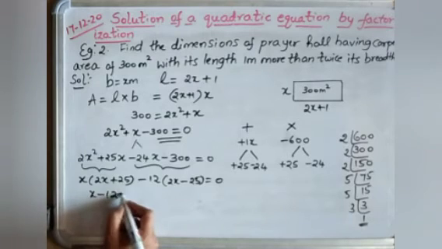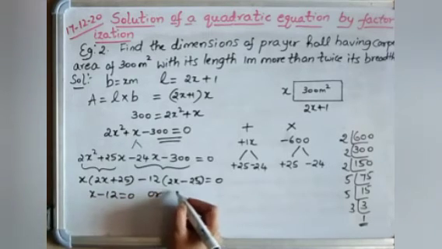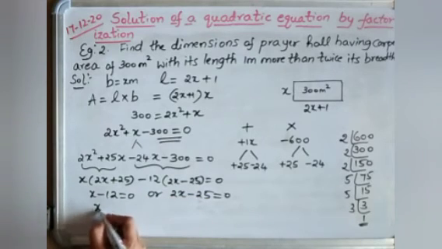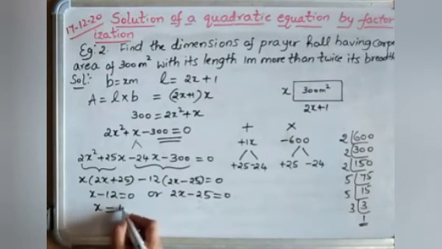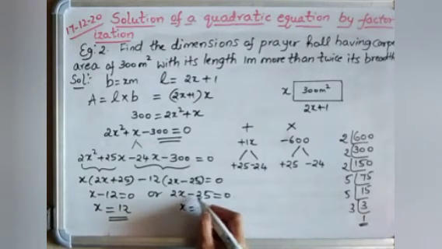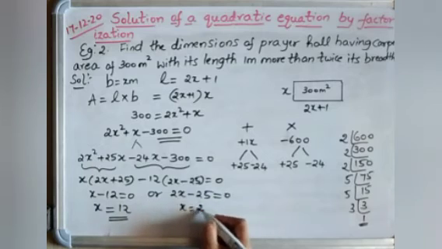So x minus 12 is equal to 0 or 2x plus 25 is equal to 0. So we get x is equal to plus 12 or x is equal to minus 25 by 2.